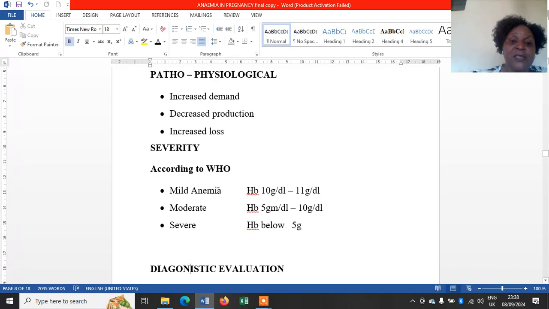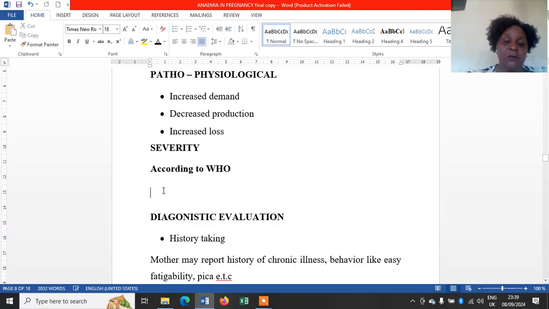And then another classification, as we said, the pathophysiological, it will be due to increased demand, decreased production, or increased loss. But again, the World Health Organization also classifies anemia according to severity, depending on age and sex, as we did above.